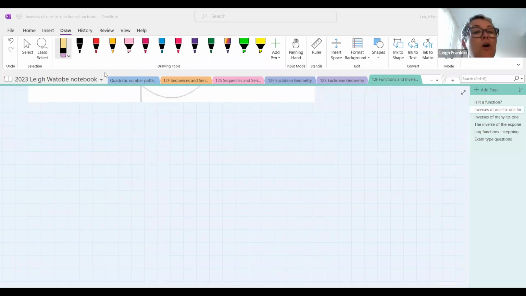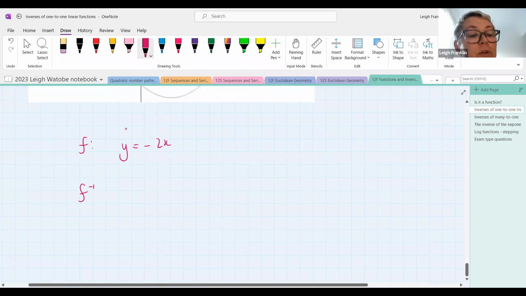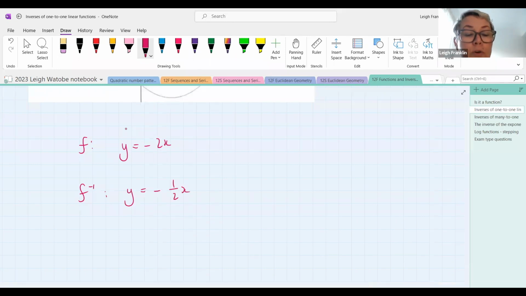So we've got y equals minus 2x, which is our graph of f, and then our inverse, we've got the graph y equals minus 1 over 2x. Let me demonstrate now exactly how you would do this, because you guys are asking.